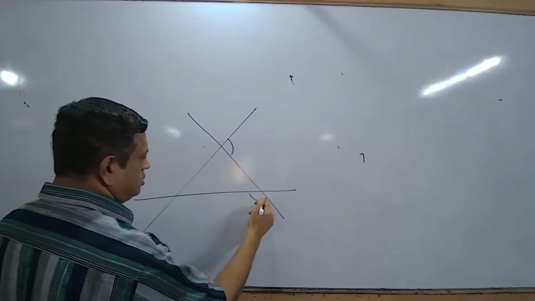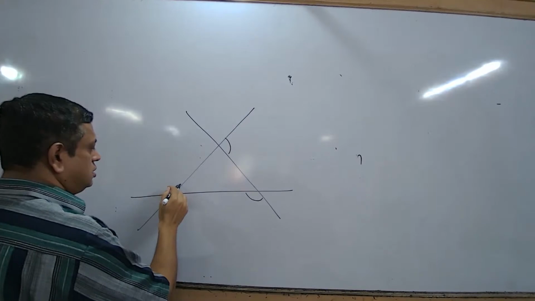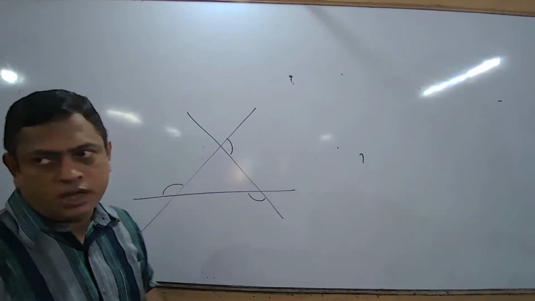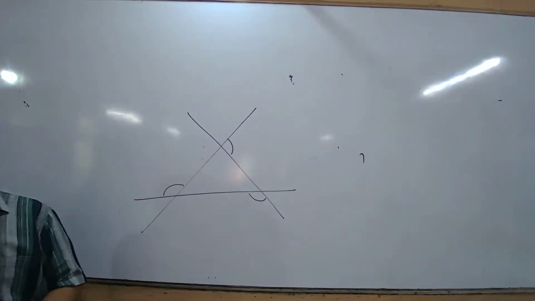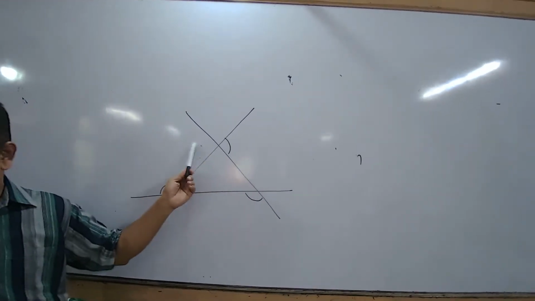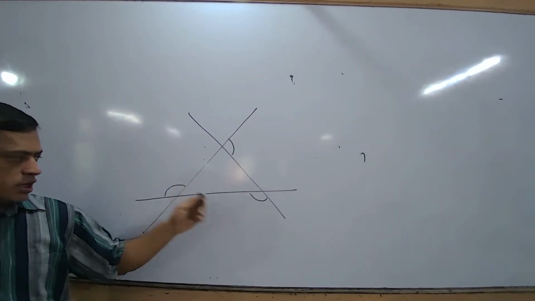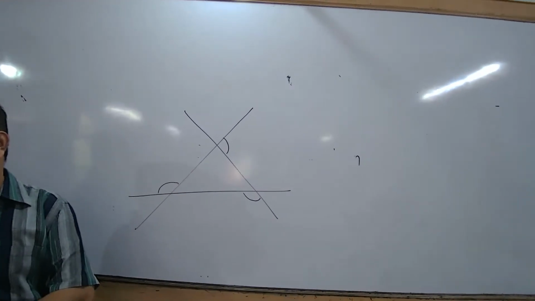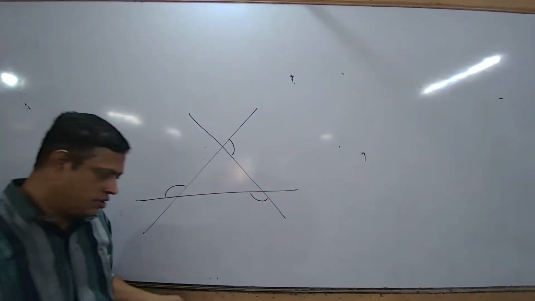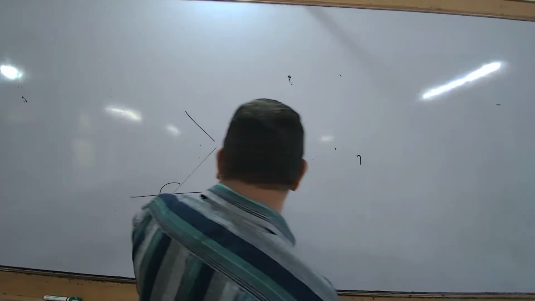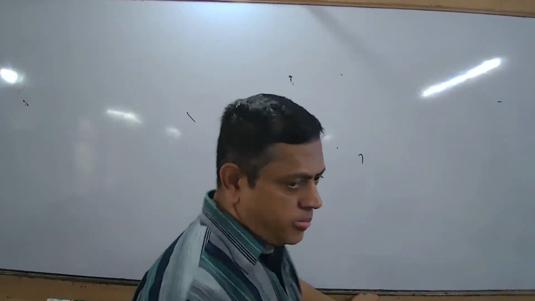Second exterior angle? Third exterior angle? The sum of these is equal to 360. Not this and this, that is opposite. One exterior angle, second exterior and third exterior angle add up to how much? 360.